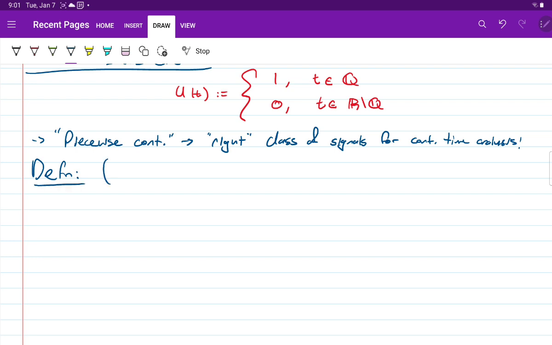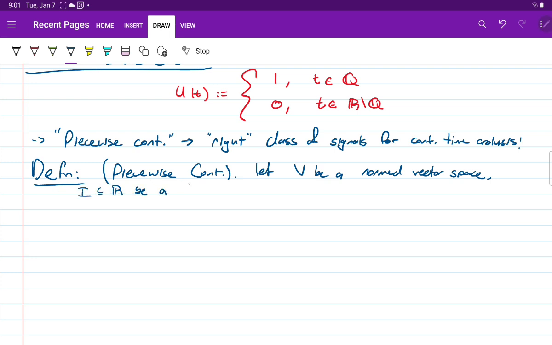Definition, piecewise continuous. Let V be a normed vector space. Remember, this is just a pair of a vector space and a norm. It's nothing fancier than that. Let I, a subset of R, be an interval.